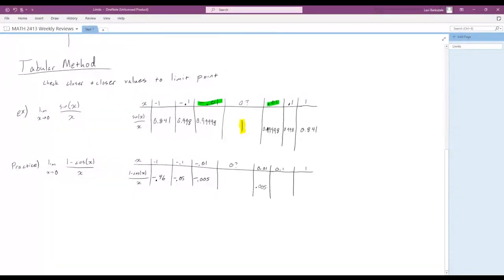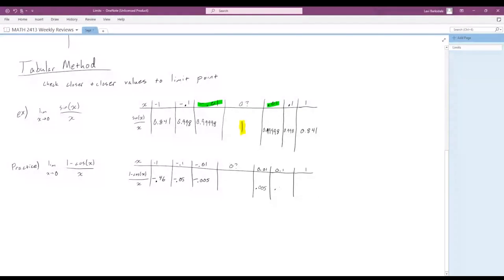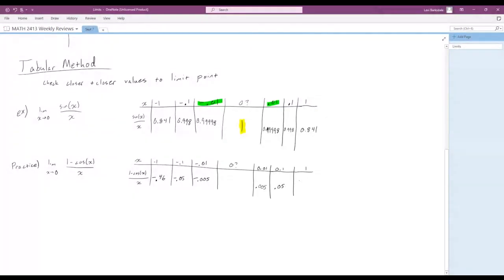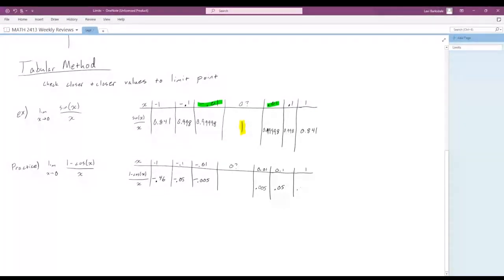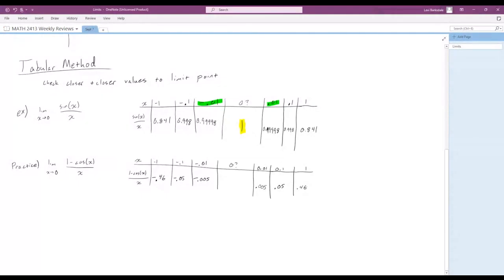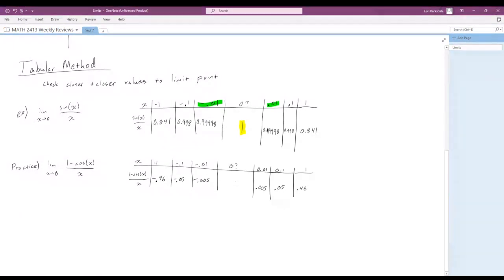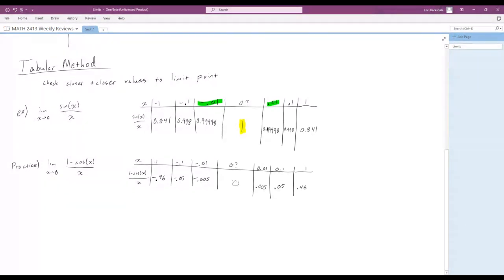And if we're following the trend here, the next one would be positive 0.05. You are correct about that. And positive 0.46. Yes. That is in fact correct. So what is our limit? 0. Right. So fairly straightforward.